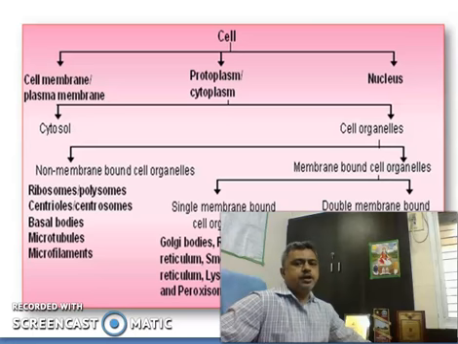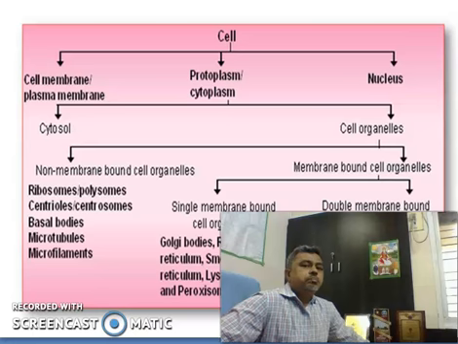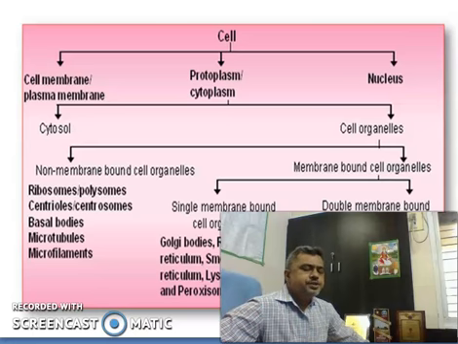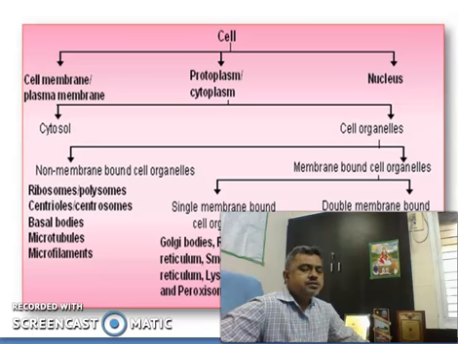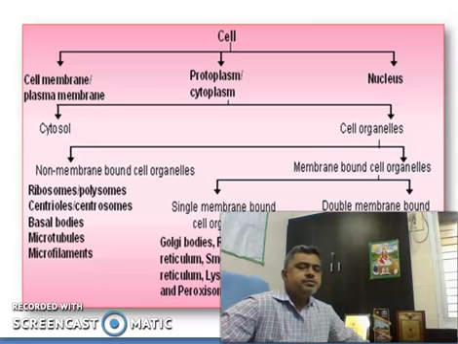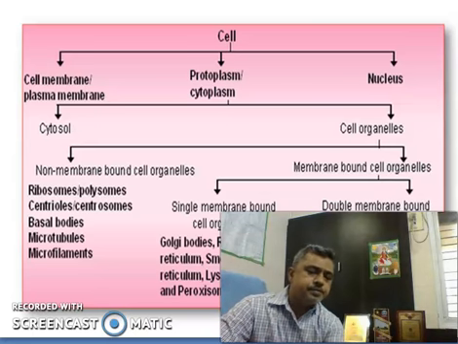Then you have to answer: ribosomes, polysomes, centrioles, centrosomes, basal bodies, microfilaments, microtubules. These are the non-membrane bound cell organelles.